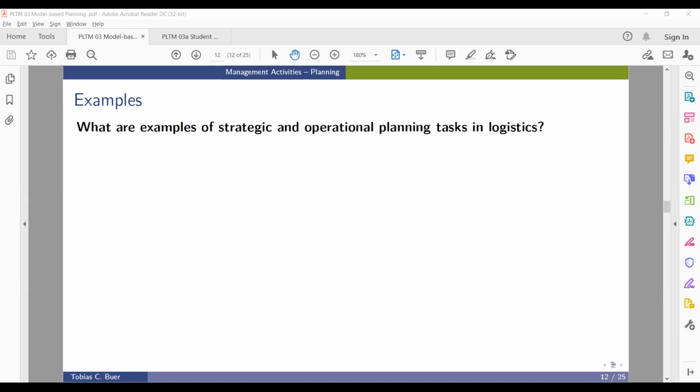Ah, yeah, strategic. Yes, I agree. In most cases, this will be a strategic decision if we are not talking about a small individual machine that we want to add to our factory, but if we want to have a new building, for example, and increase the capacity of our factory in a substantial way, then it will be a strategic decision.